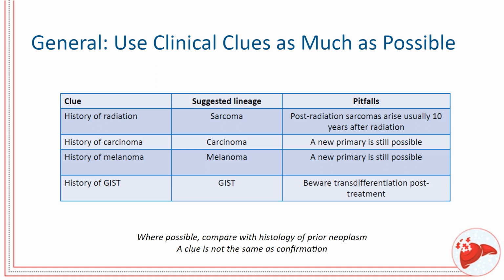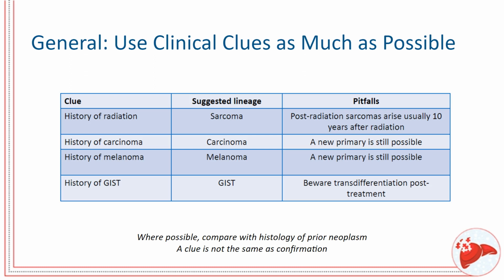So first I begin by looking at clinical clues. A patient with a history of prior radiation to the site may be at risk for radiation-induced sarcoma. Of course, those usually occur several years after the radiation. I'm always curious about the history of prior carcinoma, where it was, recognizing that a new primary is still possible.